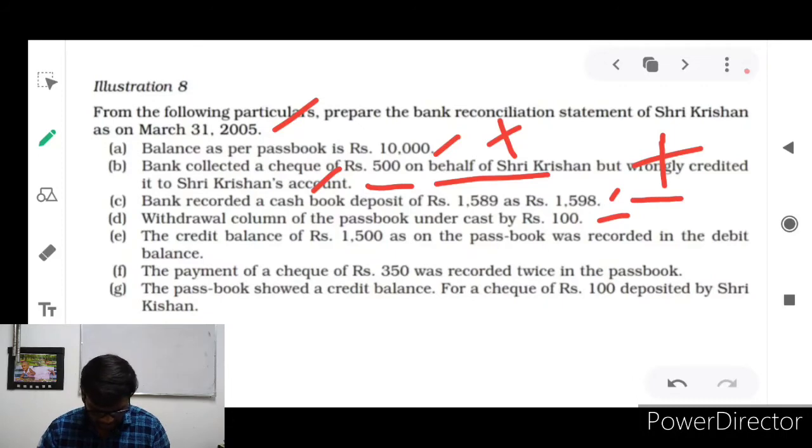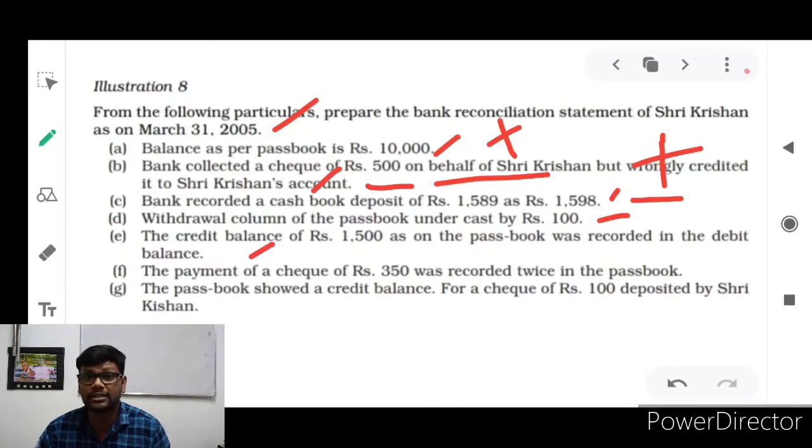And next one, E. The credit balance of rupees 1,500 as per the passbook was recorded as a debit balance. Here they made the biggest mistake. Your available amount, which is the credit balance of your passbook, is 1,500. That is the actual entry.